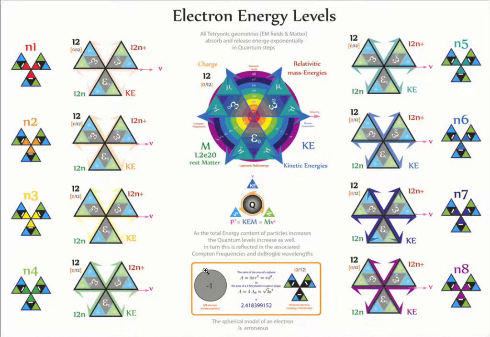Again, importantly noting that in Tetrionics we have a charged geometry for all matters versus a spherical geometry for matter in relativity and within classical mechanics, quantum mechanics and QED.